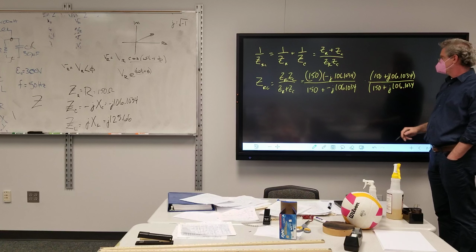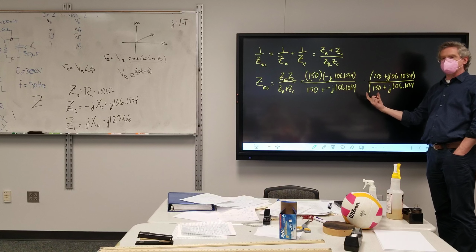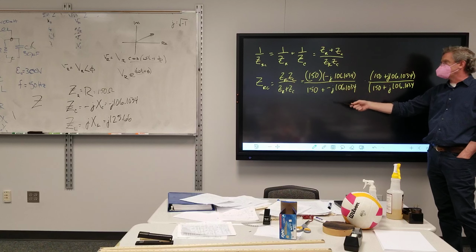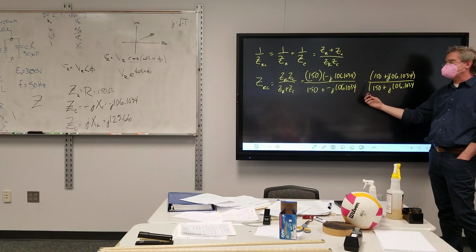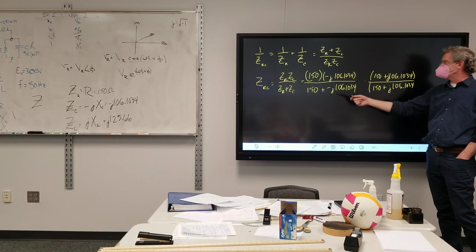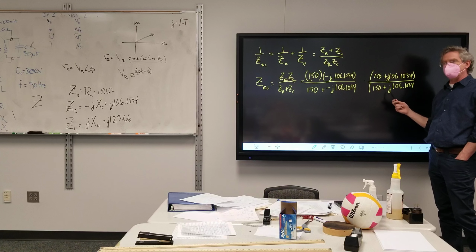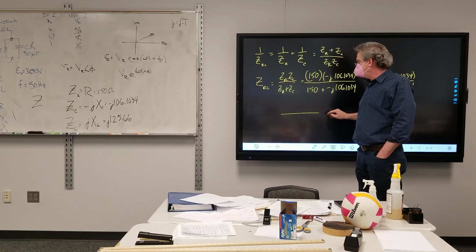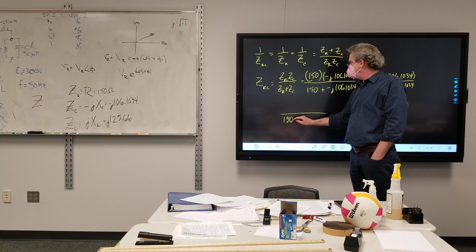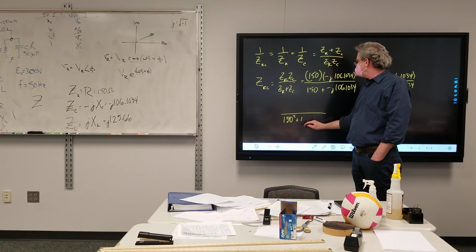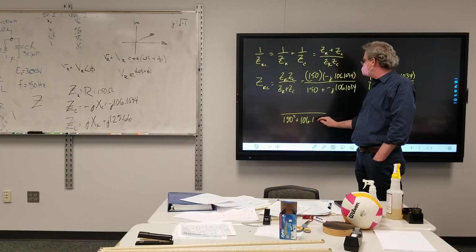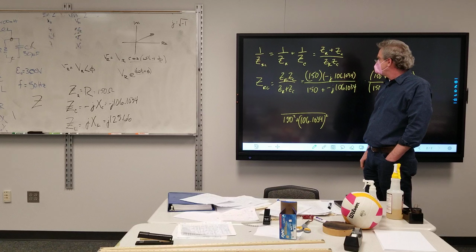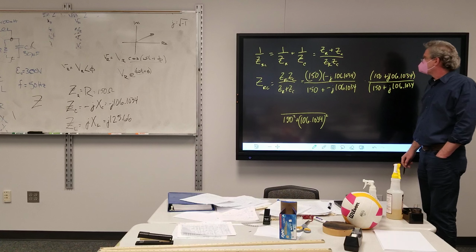On the bottom I have binomials, a plus b, a minus b, so it's just the first term squared plus the second term squared, since negative j times j is just 1. So my denominator becomes 150 squared plus 106.1034 squared.